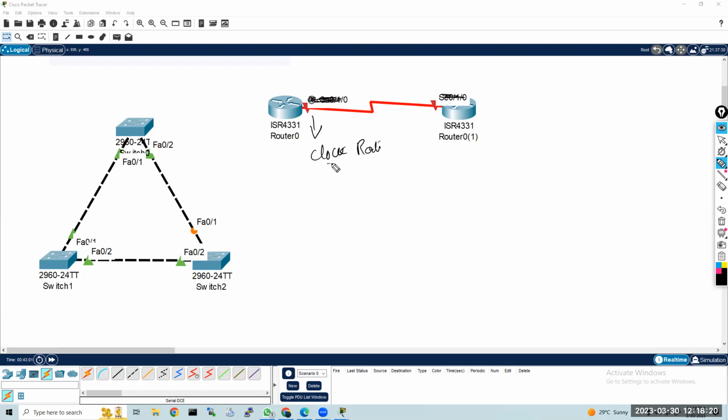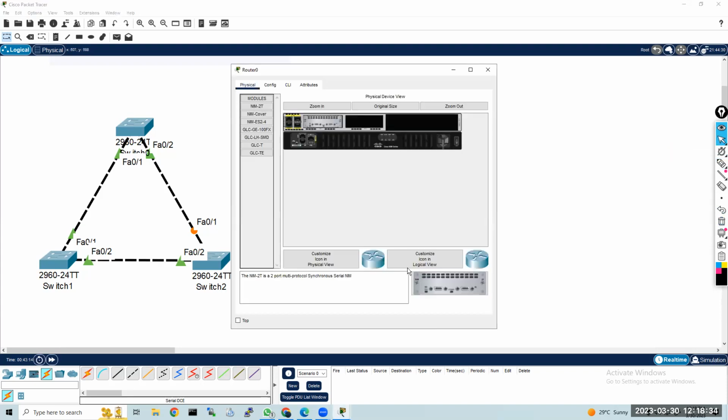Okay, you don't know which interface you have to apply it on, whether this interface or this interface. You want to check, right? Then how do you check this one? Okay, so I'll show you that interface controller, guys. Very simple command.